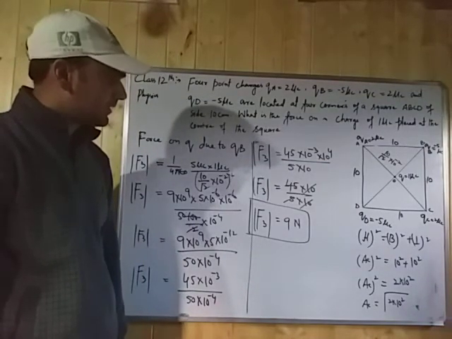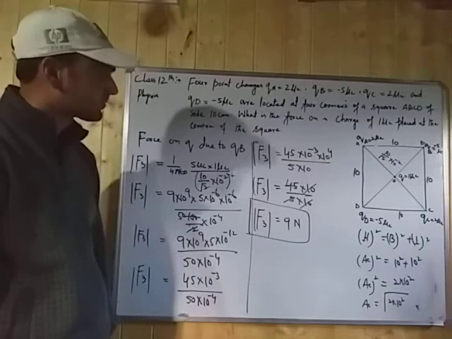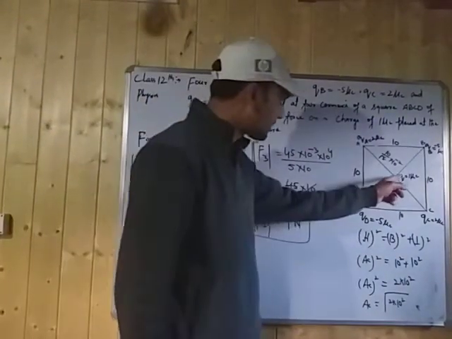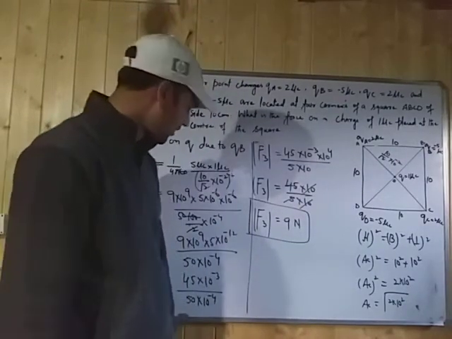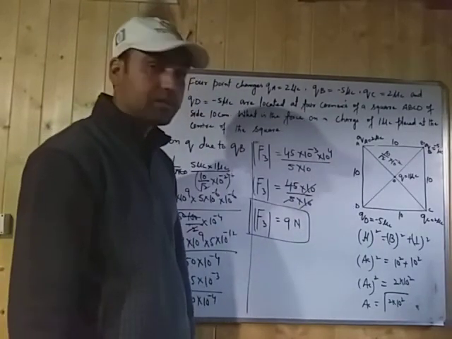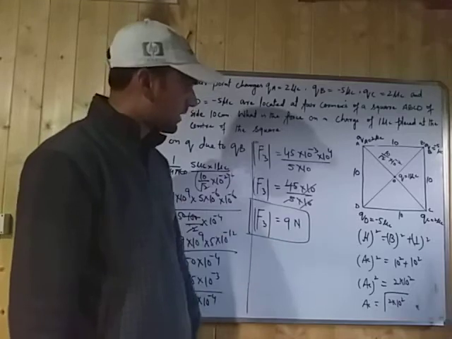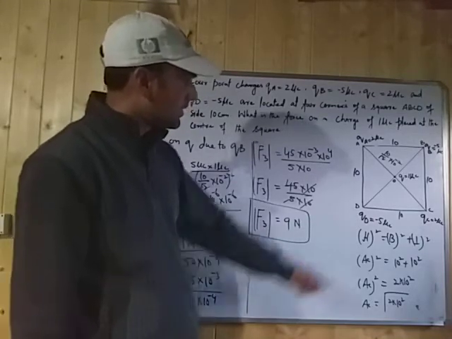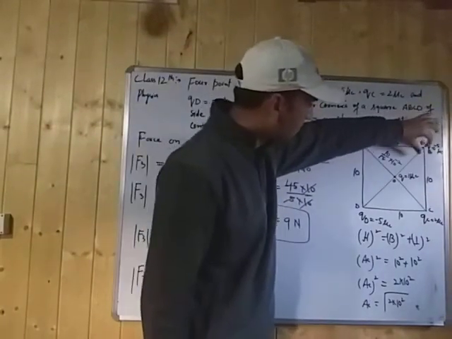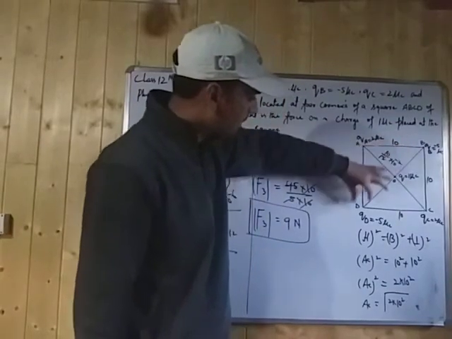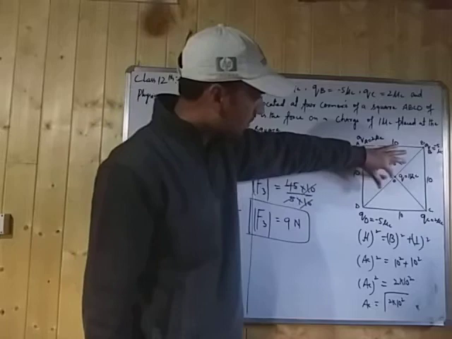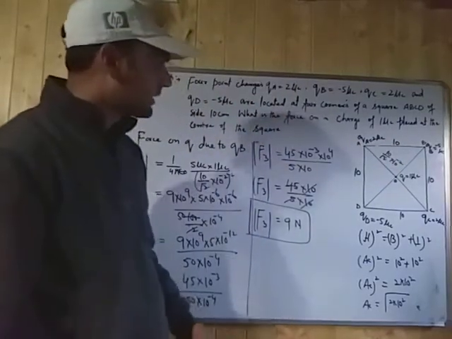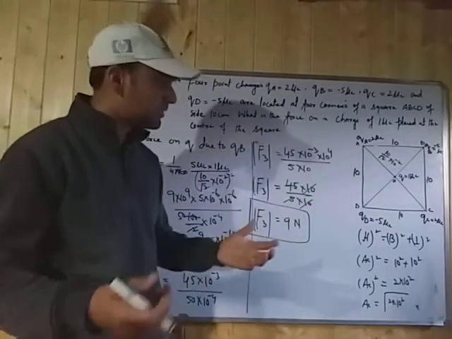Now similarly, if we calculate the force on Q due to QD, this will also be equal to 9 newtons, because here it was 5 microcoulombs and 1 microcoulomb. Now here it is 5 microcoulombs and 1 microcoulomb, and the distance between them is the same, so the force will be the same.